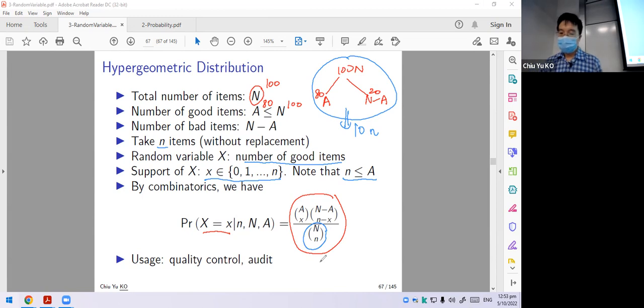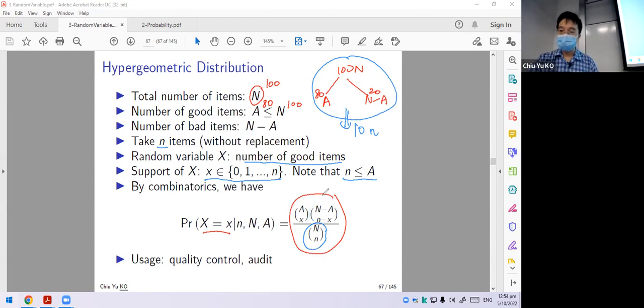And how many ways can you draw it? It's just big NCn, right? Because you draw n of them, how many ways you draw it is NCn. And how many ways can you do these two?